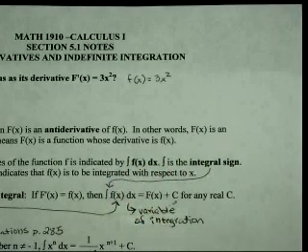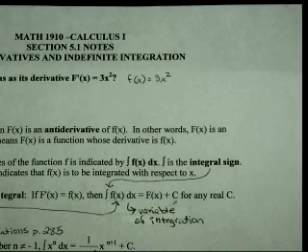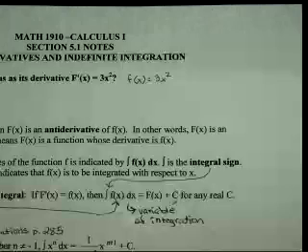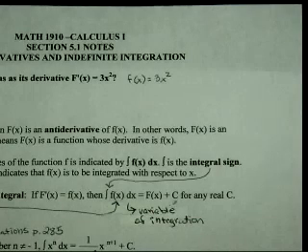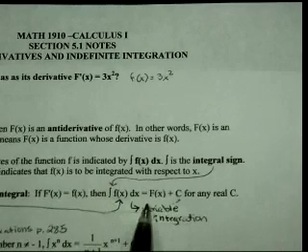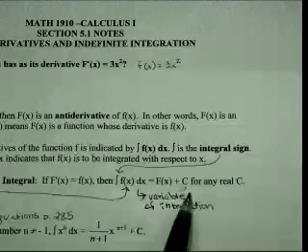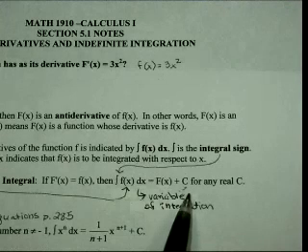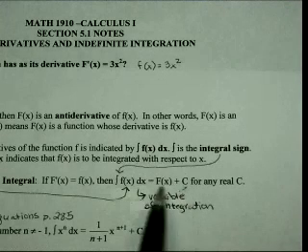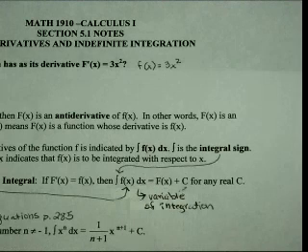But in Calculus 2, when you're integrating functions that have more than one variable in them, you're going to have to say whether you're integrating with respect to x or with respect to y or whatever variable you have. Capital F of x plus C is called the whole family of antiderivatives of little f of x.